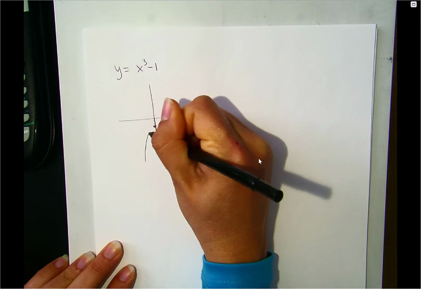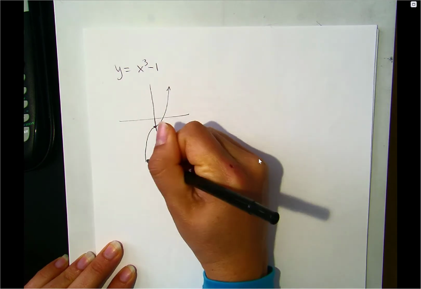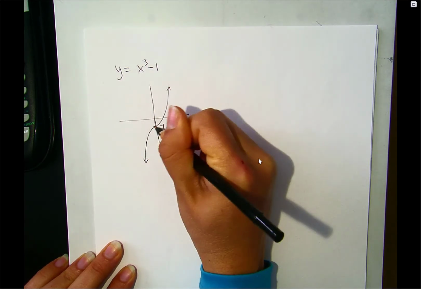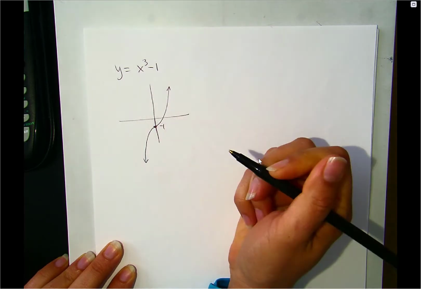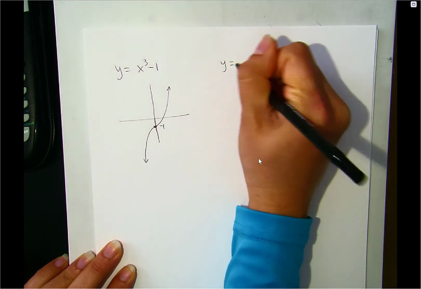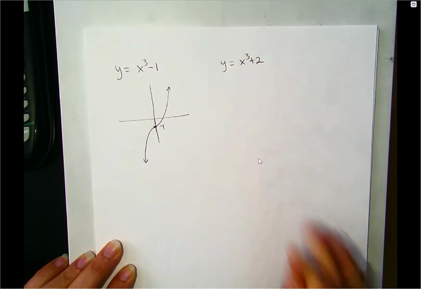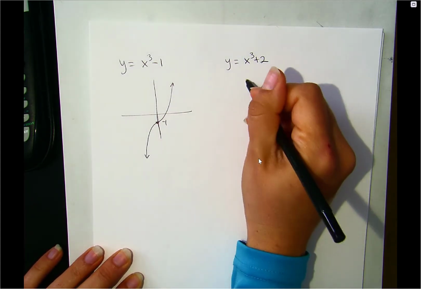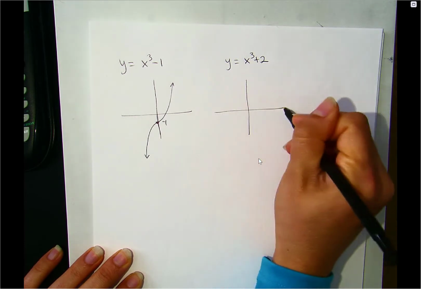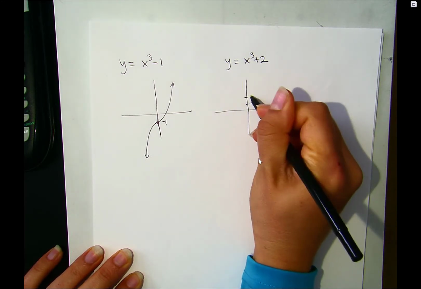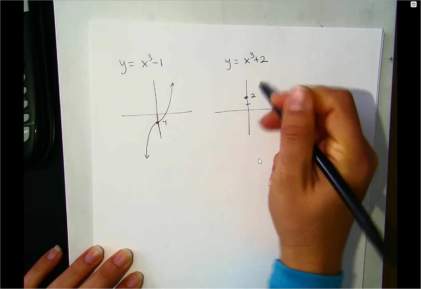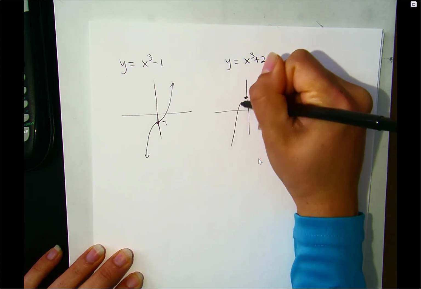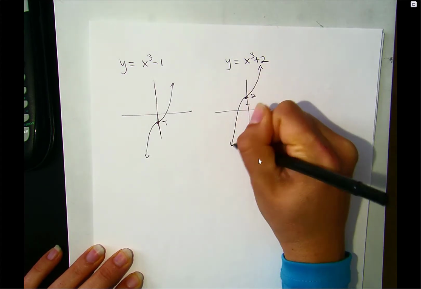So it's going to have that little curve here, but it's going to happen at minus 1. If I graph y equals x cubed plus 2, where is this curve going to happen? That will happen at 2. So it's going to shift up 2.